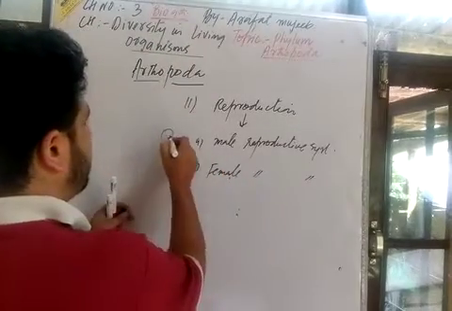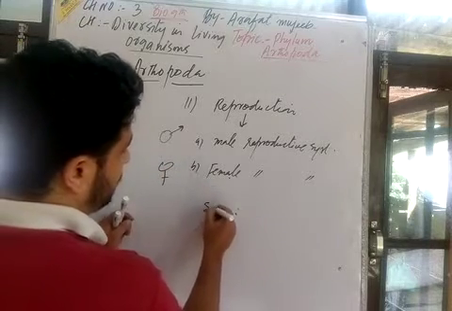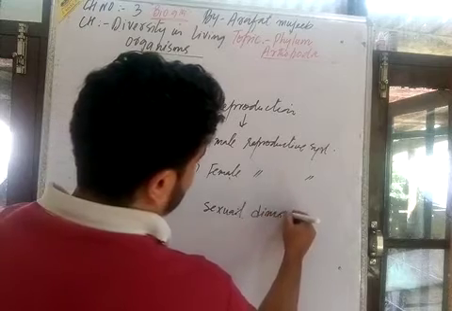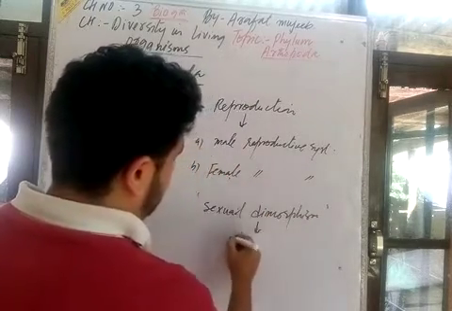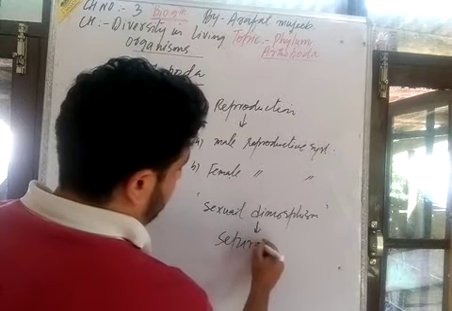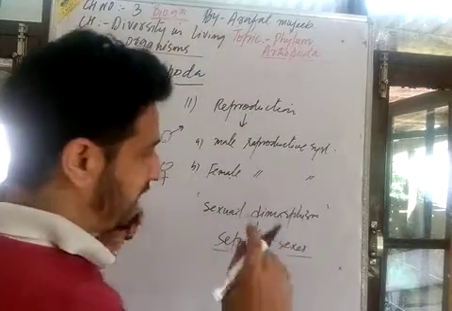That means they have the presence of both. They have sexual dimorphism. वो क्या होता है sexual dimorphism? They have separate sexes. Female looks different, male looks different.